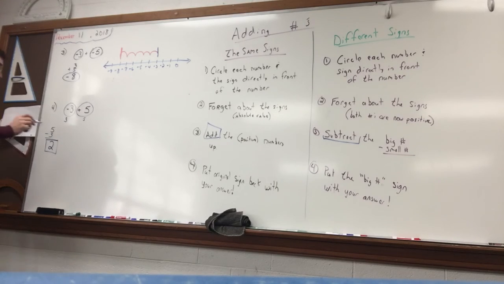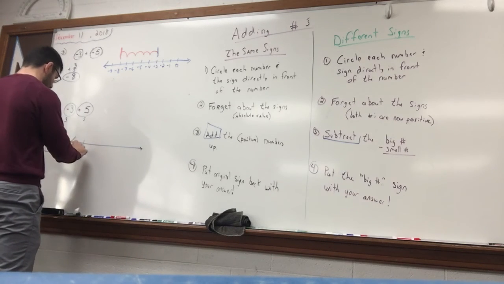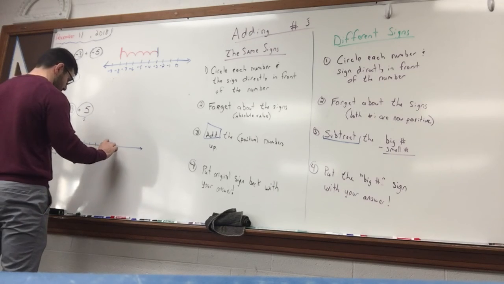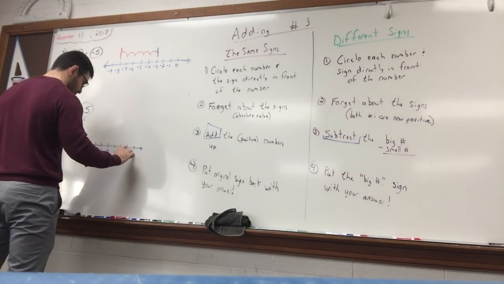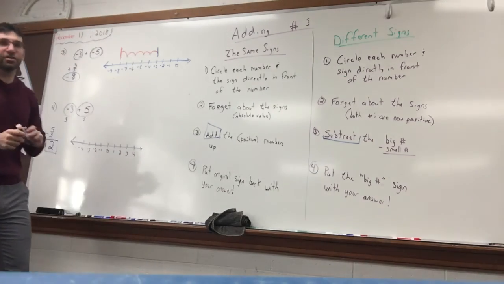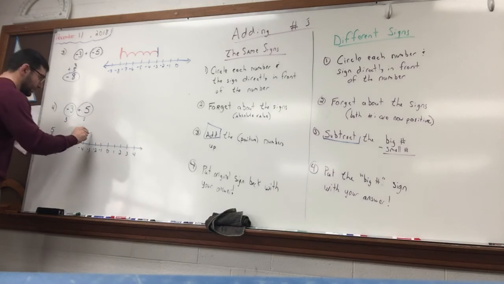Let's see it on a number line. Okay. Remember, negative is all about direction. So where am I starting off, Jackson? Which number am I starting off at? Negative 3.